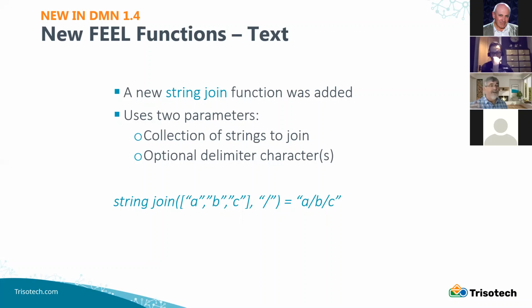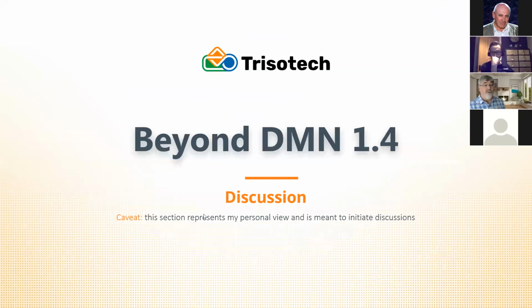The details and all the variation that you can do are explained in the spec, but that gives you a sense of what this does, again, very useful when you're doing different real world situation and models. So that was my presentation of what's new in DMN 1.4.